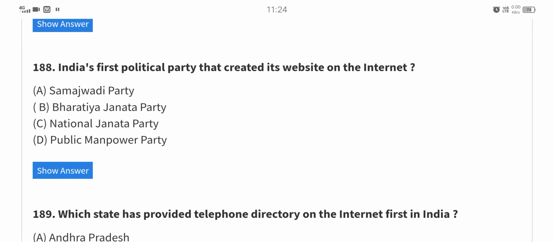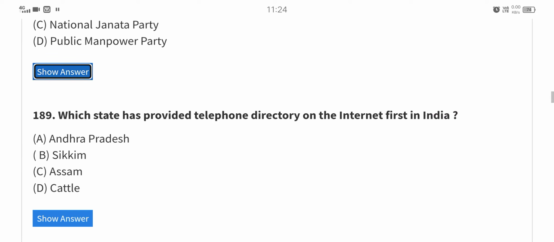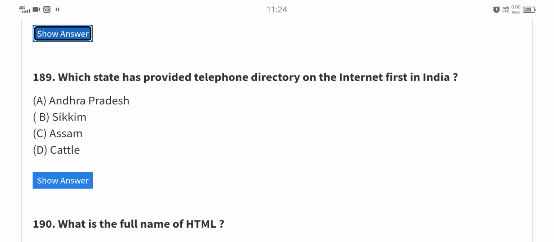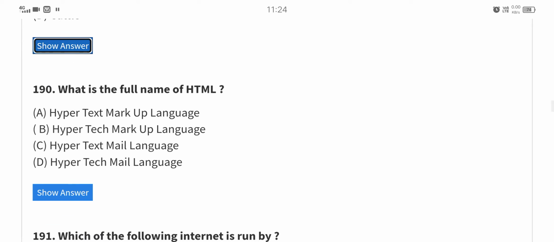Which was India's first political party to create its website on the internet? Bharatiya Janata Party, BJP. Which state first provided a telephone directory on the internet in India? Sikkim. What is the full name of HTML? Hypertext Markup Language.